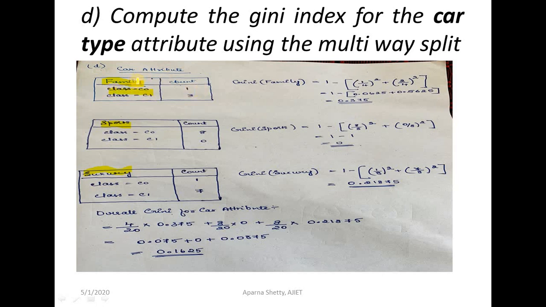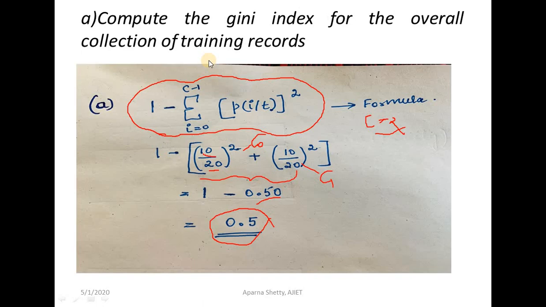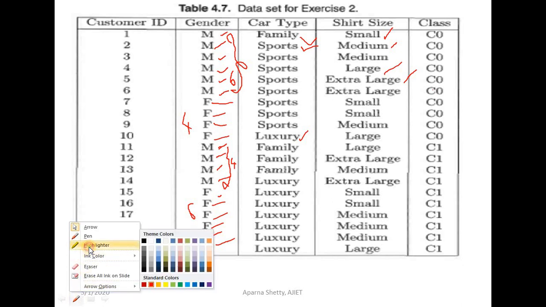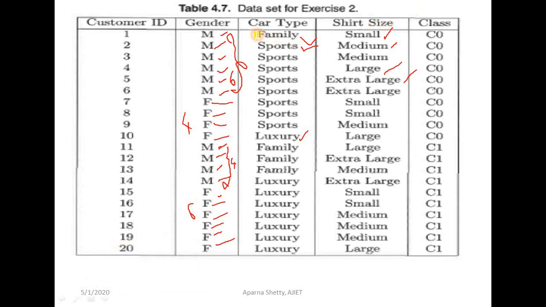Now you have to count how many family cars belong to class 0 and how many belong to class 1. Let us look at the table. How many family cars belong to class 0? Here, 1. So there is only one family car that belongs to class 0.